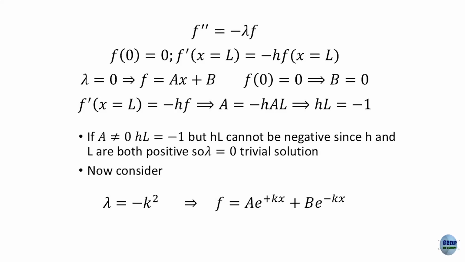And so the only option for me is to have A equal to 0, and if A equal to 0, you get a trivial solution. Looks like a very roundabout way of saying that lambda equal to 0 does not work. You could very easily use this and get that. But doesn't matter, we need to cover all bases. So if my lambda equal to 0, the solution is going to end up being a trivial solution, which is not of interest to me.